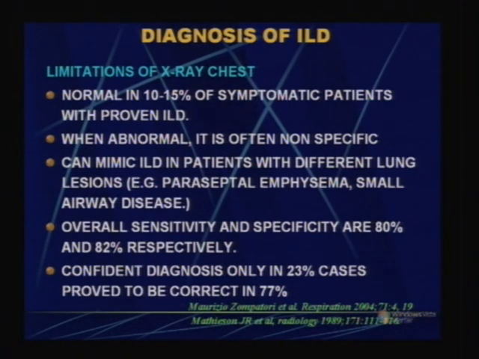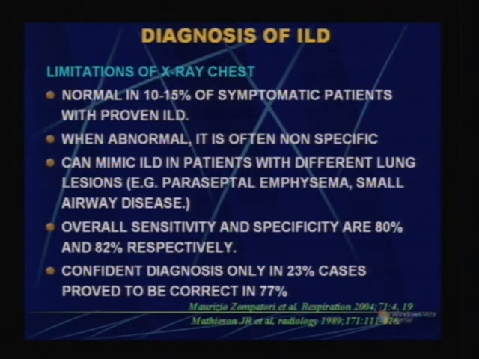Now X-ray chest is also routinely used as an important investigation in the evaluation of diffuse pulmonary lung disease, although it has a lot of limitations, because in about 10 to 15% of symptomatic patients it may be normal, and even when we see some abnormality in the X-ray, it may be too non-specific to give any information regarding the etiology of the underlying disease.